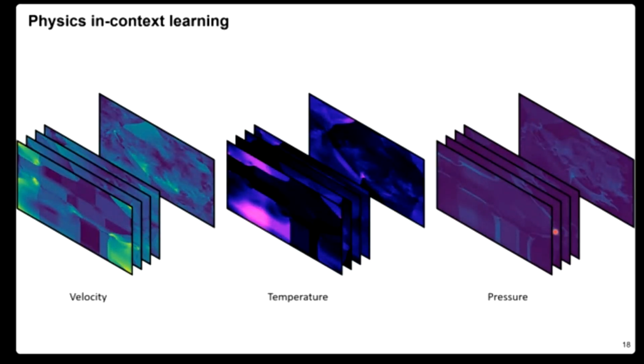And of course, in physical simulations, you need many more of these physical states. I just talked about the velocity first, but for many of these fluid dynamics cases, you would need something like temperature, pressure, density, and maybe even some other fields.